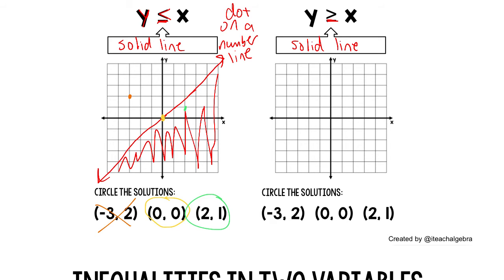Let's check out the last one here. Same line we've been drawing, except it's solid this time, like we said. And it's greater than, so we're going to shade above.